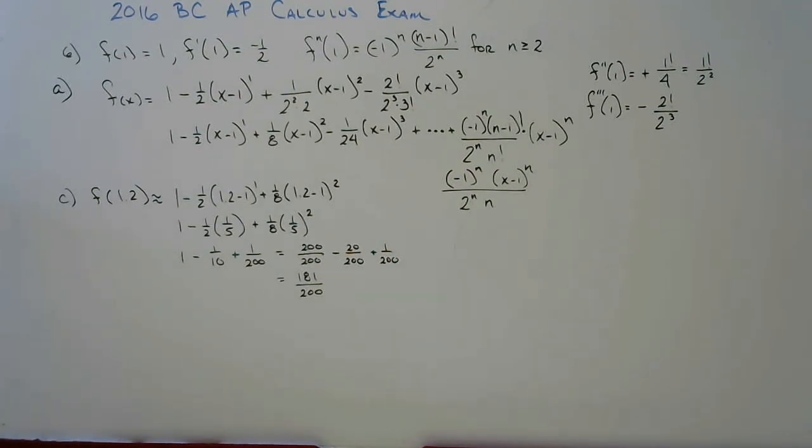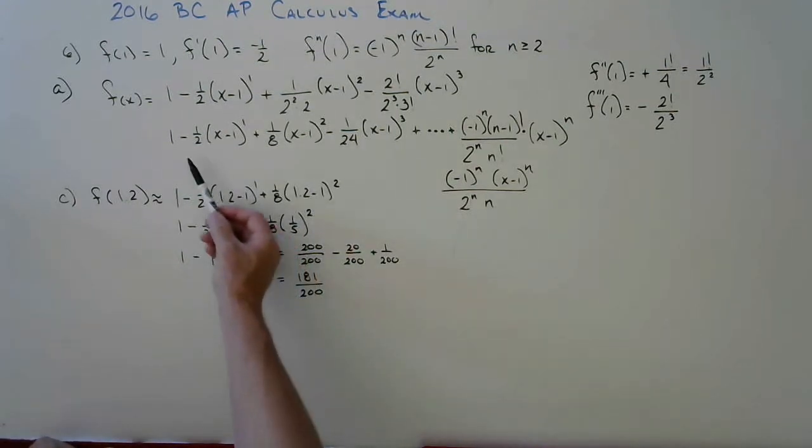So what about part D? Show that the approximation found in part C is within 0.001 of the exact value. All right, so to do this, what do we need to do? We need to know that we saw that it was an alternating series. We can see it's alternating up here.